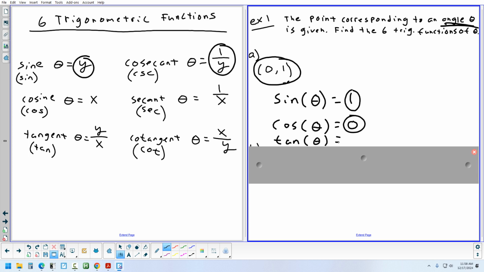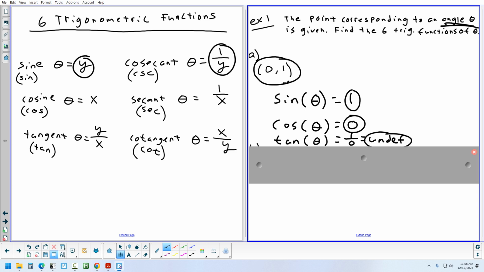Y divided by x. What's my y value? 1. My x value? 0. What's 1 divided by 0? It's not possible. You can't divide by 0. So that is undefined.